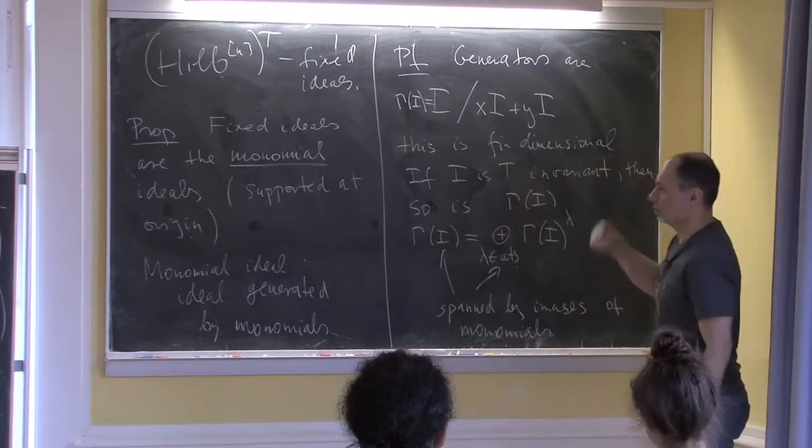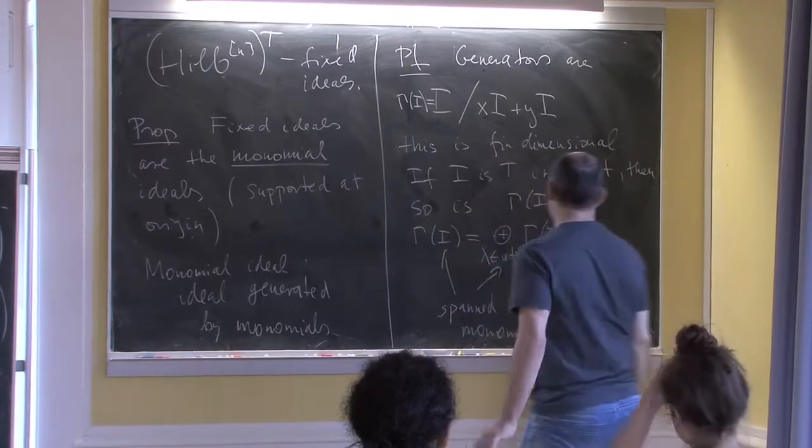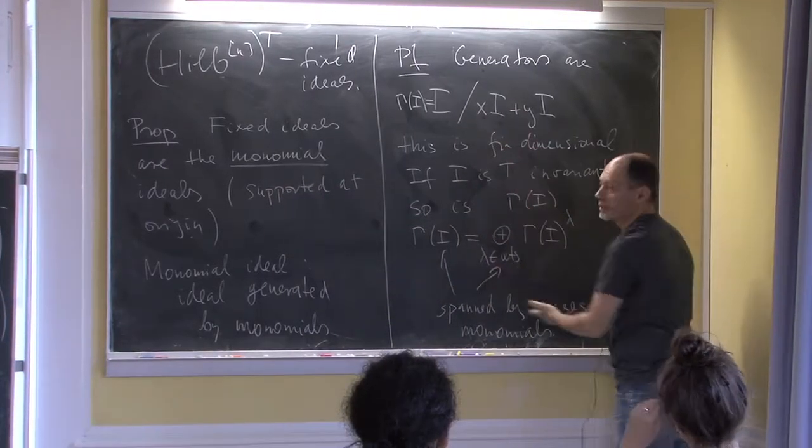Because these are precisely the invariant vectors of the torus action. And so the generators are monomials, and that's the definition.